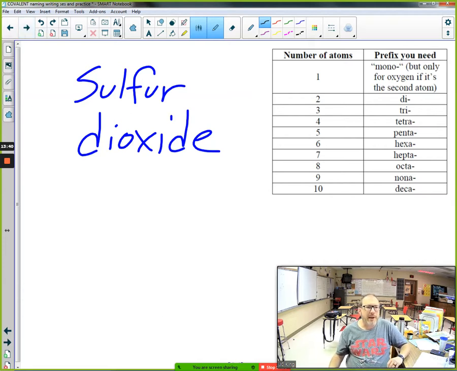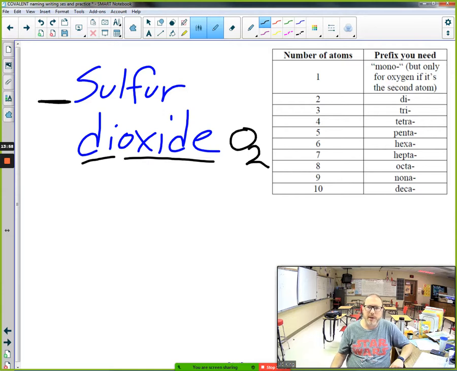So let's talk about that. Okay, so the di is stuck onto the oxygen part. So that tells me that I'm going to have 2 oxygens instead of 2 sulfurs. The sulfur, since it doesn't have a prefix, I assume there's just one of them. So you're absolutely correct. It is SO2.